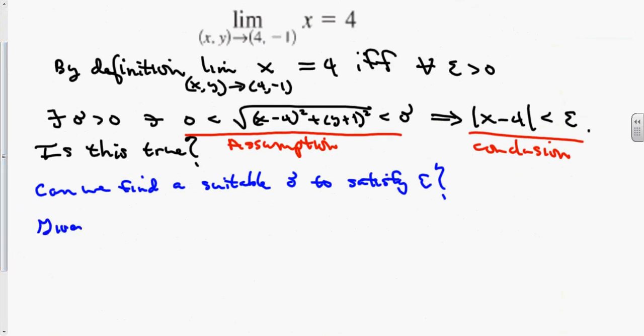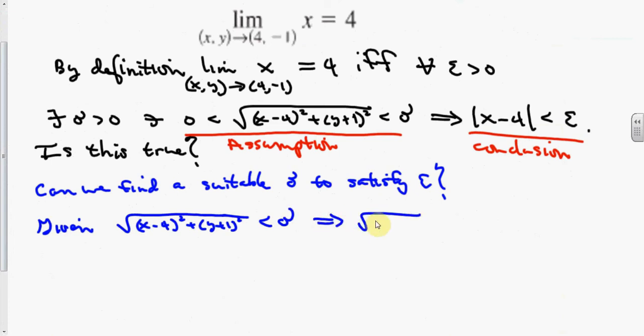Well, we're given the square root of (x minus 4) squared plus (y plus 1) squared is less than delta. This implies that the square root of (x minus 4) squared is less than delta, and the square root of (y plus 1) squared is less than delta by the triangle inequality.